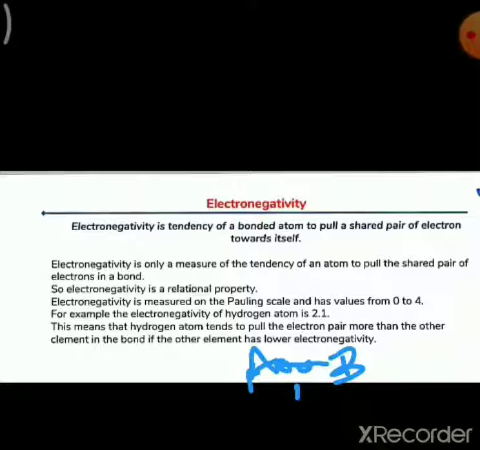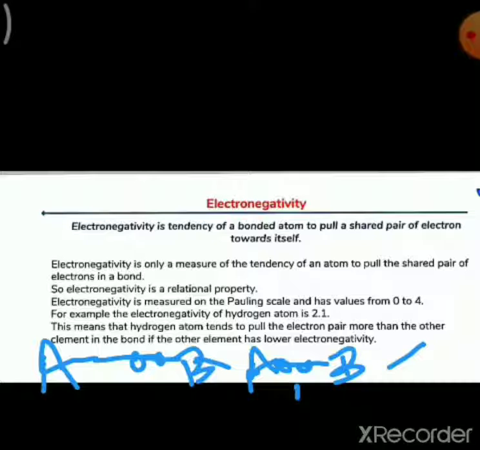If A or B, if any one of them pulls the shared electrons towards itself, then that is called electronegativity. Suppose B pulls them towards itself, then this is electronegativity.